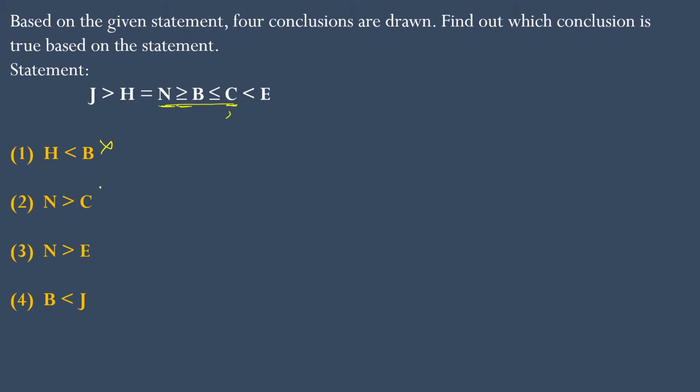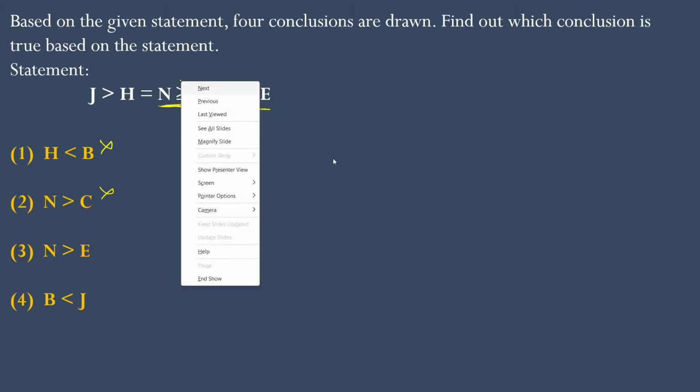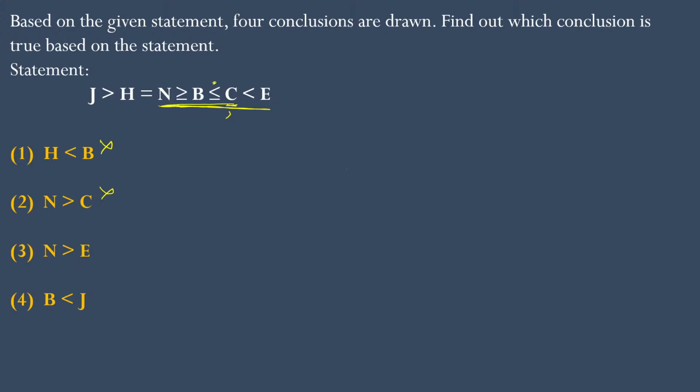So we cannot define a definite relation between N and C. Next, N greater than E. Here also the relation between N and E is the same: greater than or equal to on one side and less than or equal to on the other, so we cannot define a particular relation between N and E.